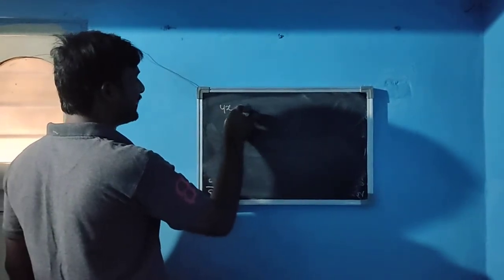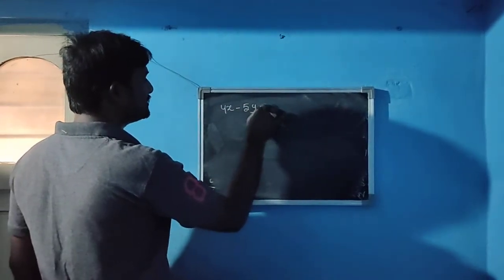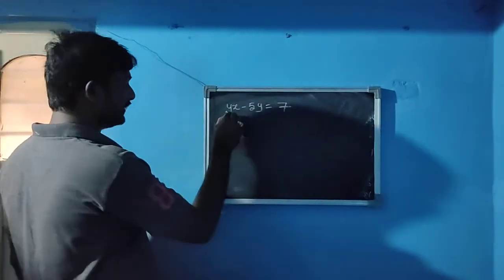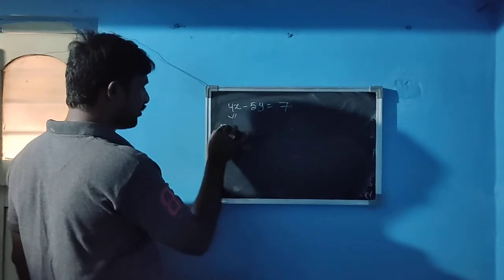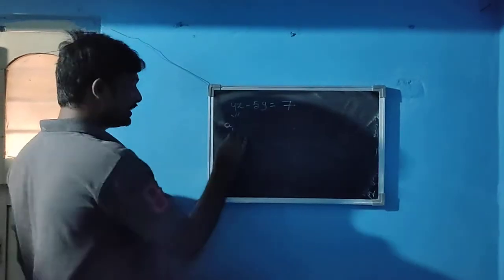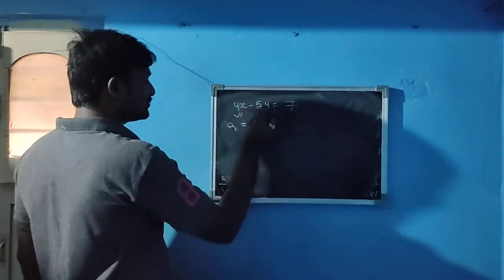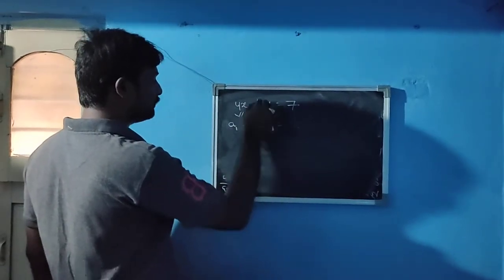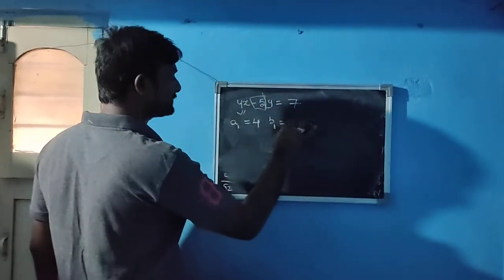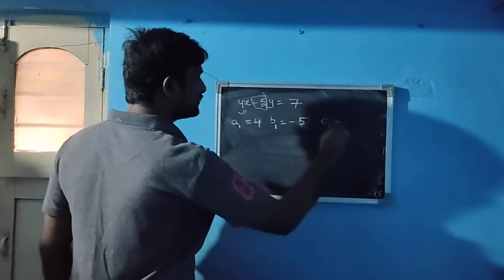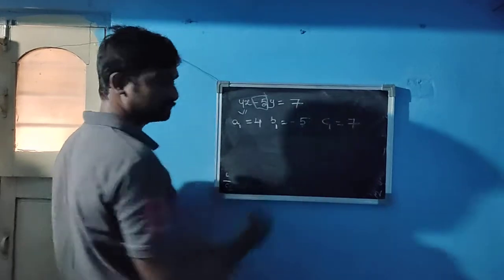4x minus 5y is equal to 7 is there. In this one, this is called A1. A1 is equal to 4. Next one is B1. B1 value how much? Minus 5. And C1 is equal to 7.